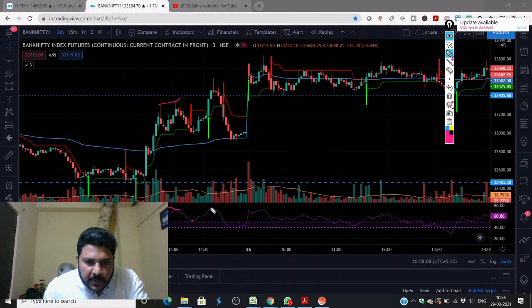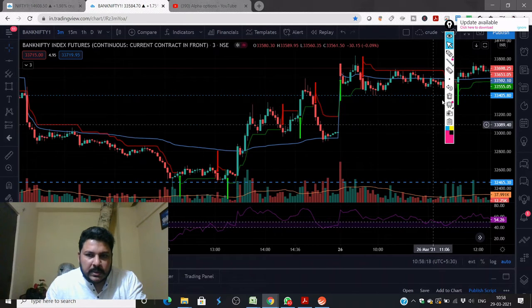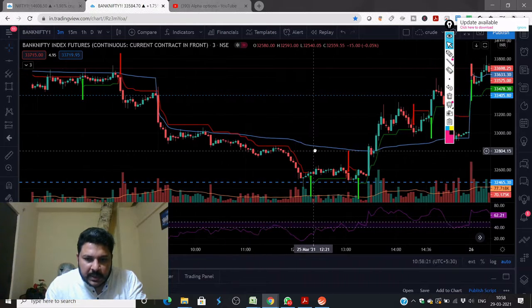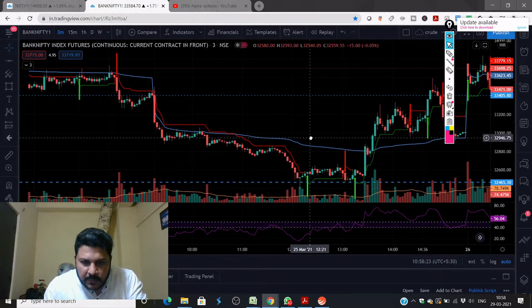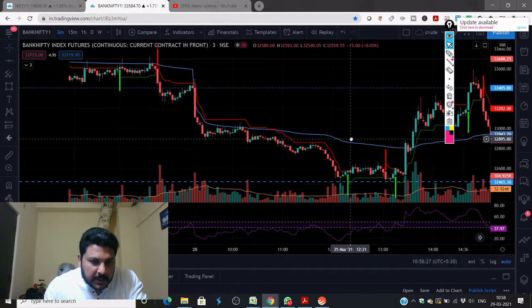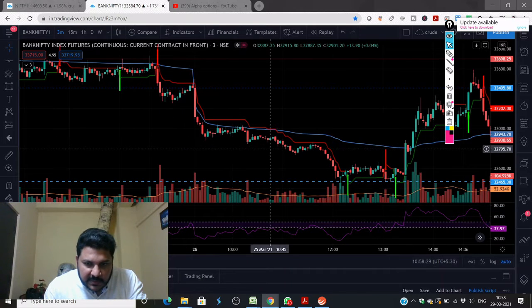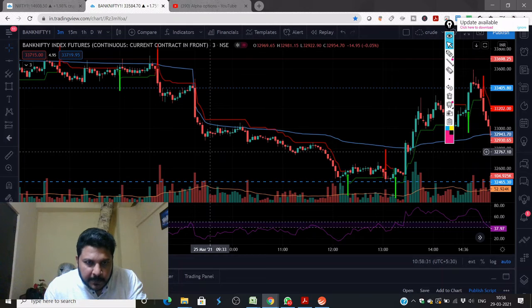Then again, it formed a new high, and here again we have noticed the divergence we have spoken about. Like that, you can take divergence trades which are mostly profitable. Mostly, that means the accuracy will be more than 70%.